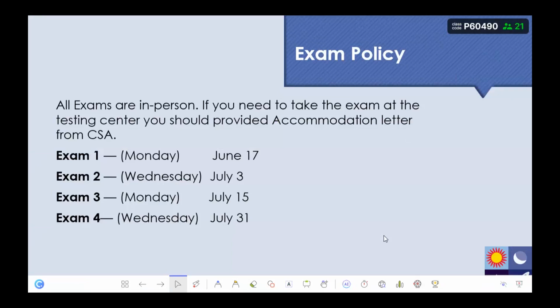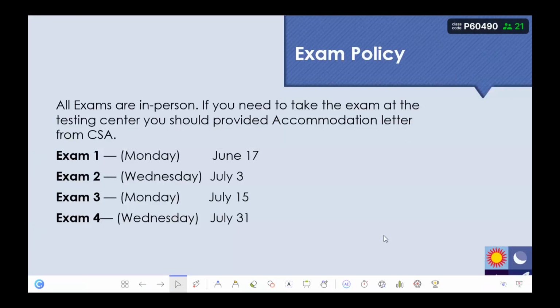If you inform me before the exam, I can let you take the exam in the testing center. And you know where the testing center is? Testing center is in the Gannon building. You can take your test in the testing center, but you need to inform me before this time. Good?